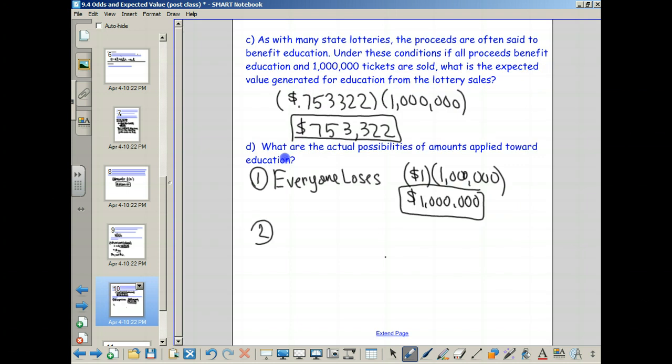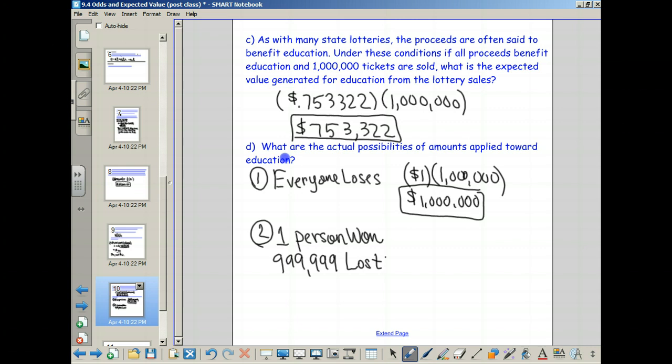The second option is that the one person won. Okay, now let's talk about this. If one person won, how many lost? So 999,999 lost.